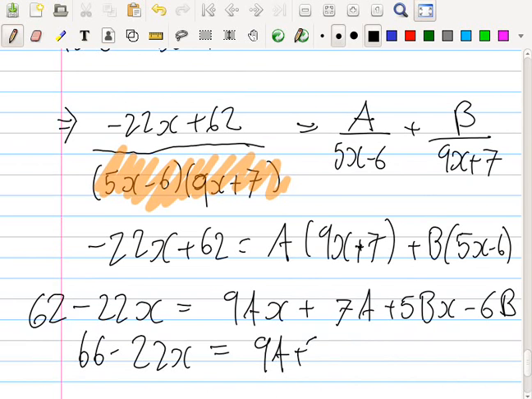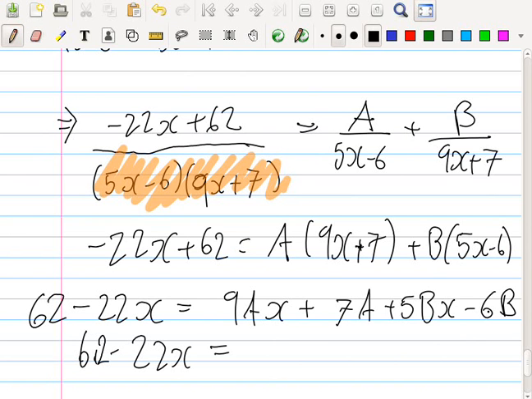So I get 62 minus 22x equals 9a plus 5bx minus 6b minus 7a. Oh, I wrote that backwards. I'm putting the constant first in the front.